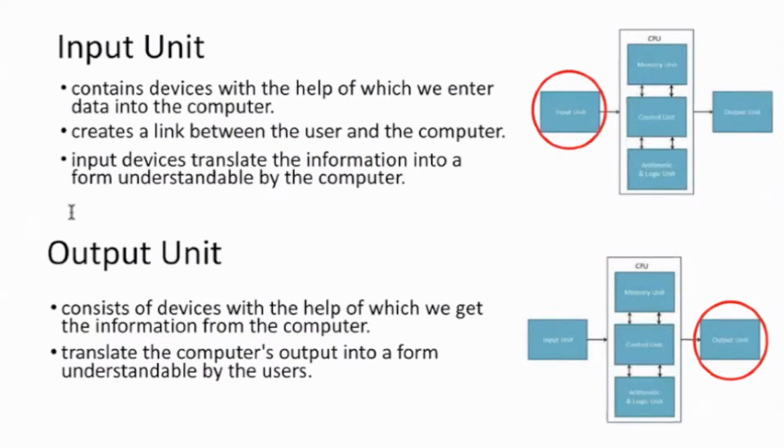Input units are the devices with the help of which we enter data into the computer. We can input the data using these input units. They create a link between the user and the computer. That means users input the data; others can't input the data for the computer.